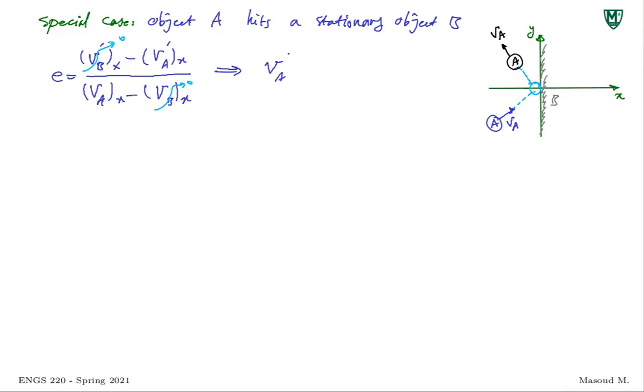I'll get VA prime X is equal to that. If I did everything correctly, it should be minus e VA X, so there you go. So that becomes the relationship.